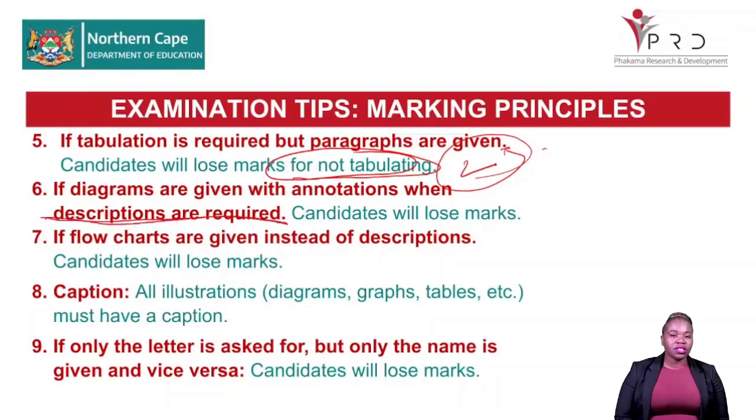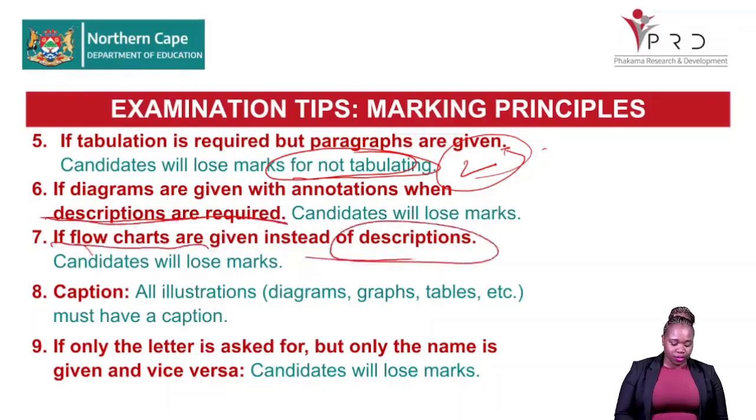Make sure that you follow instructions. That is the most important thing. Follow those instructions. It said describe, then it means you must describe in words. It didn't say give a diagram or annotations. It says describe with words. And then it says if flowcharts are given instead of descriptions, candidates will lose marks. Again, do not give flowcharts.